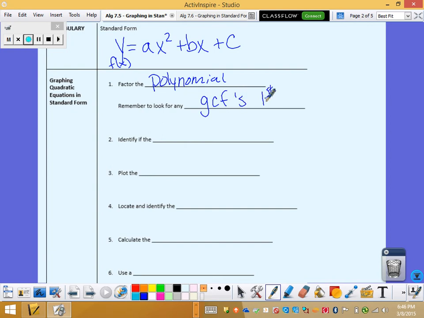Make sure you can't factor anything out of every term. Step 2 is to identify if the parabola opens up or down. This is just so that when you get all done graphing, you can go back and check and make sure that your parabola is facing the right way.